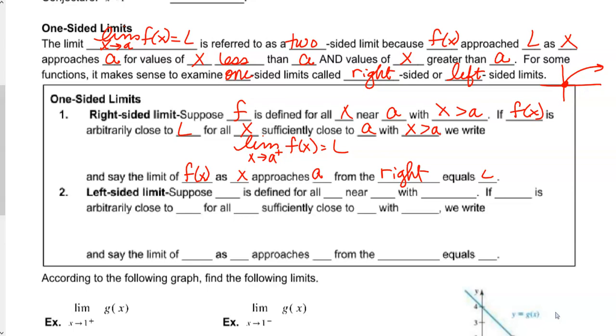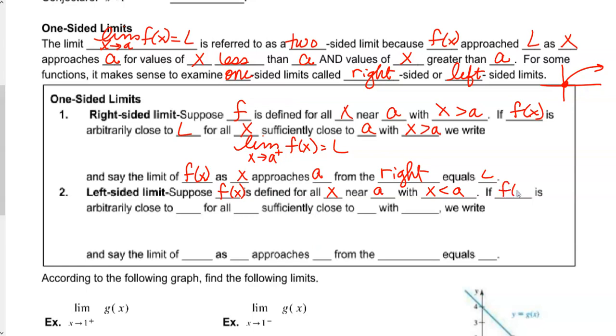Now, similarly, on the left-sided limit, we're going to change this inequality, but we're also going to change that superscript. So suppose that f of x is defined for all x near a, with x now being less than a. So the x that's in question, the 1.1 or the 0.9 and the 0.99, has to be less than the a value.